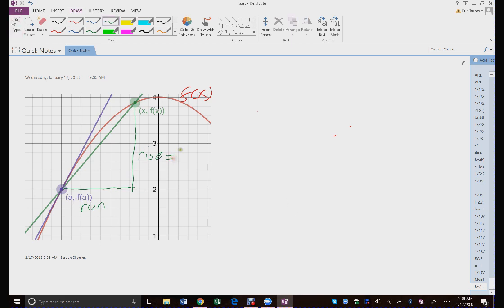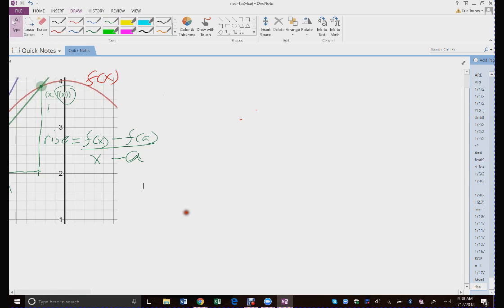So let's look at that. y2, this is my second y value, minus y1, there it is, in function notation, all over my second x value minus my first x value. So this is the slope of the secant line between those 2 points.